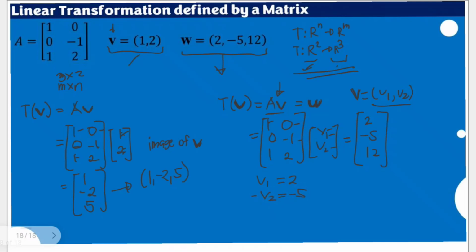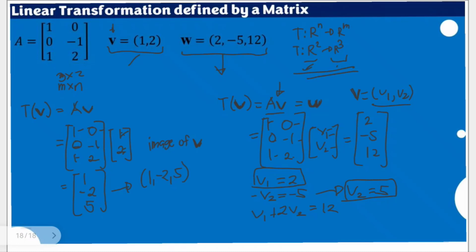In the third equation, 1 times V sub 1 plus 2 times V sub 2 is equal to 12. Again, we already have this value. With this, you can divide both sides by negative 1, so V sub 2 is positive 5. These are now the components of the pre-image of your vector W.